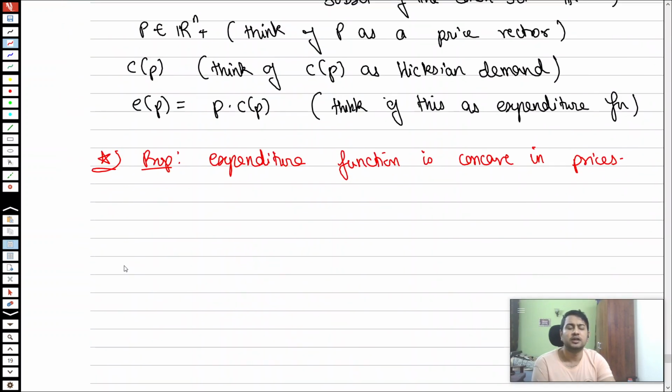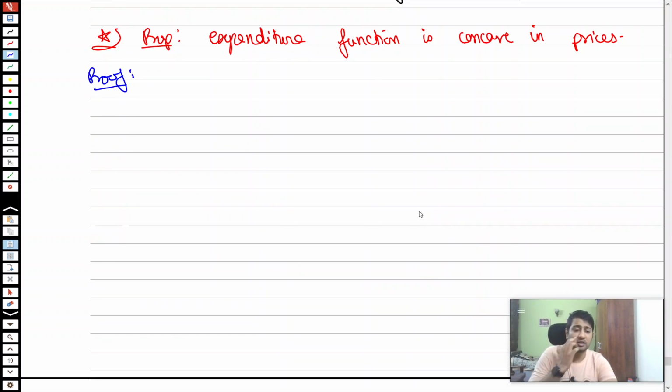In any case, I'm going to show through a proof that the expenditure function is concave in prices. What does it mean for any function to be concave? This is not the definition of concavity in double derivatives, because that won't work here.